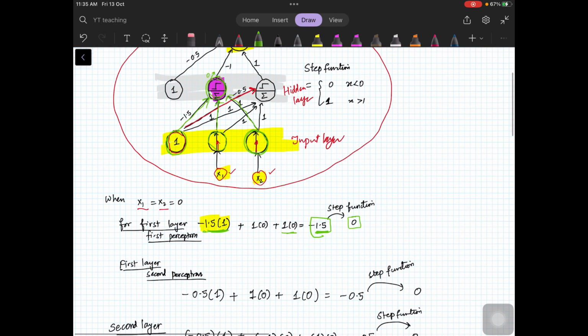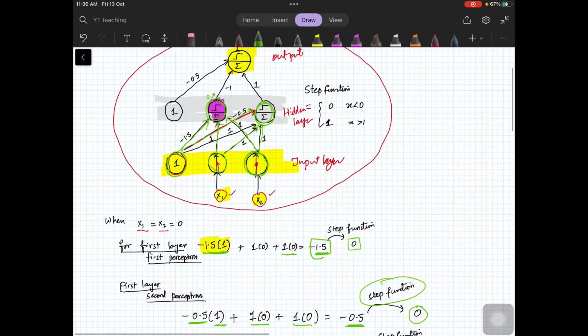And then if you look at the second perceptron here, the weight is minus 0.5, so it will be minus 0.5 into 1, that is the bias term, and then 1 into 0, and then 1 into 0. So you get negative 0.5, and again you apply the step function, so you get a 0.